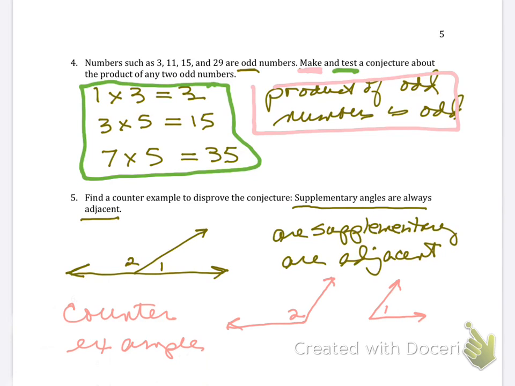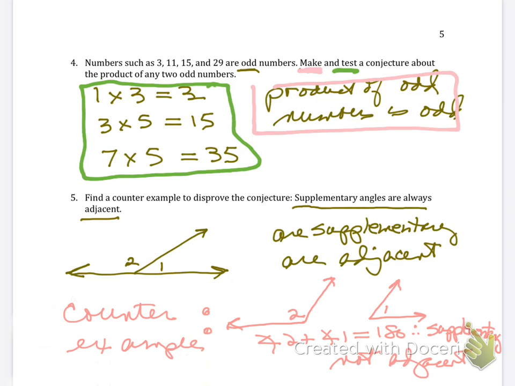What if I say angle 2 plus angle 1 equals 180? So they are supplementary, but they are not adjacent. Right? They're not sharing a common side and a common vertex. So that is your counterexample.